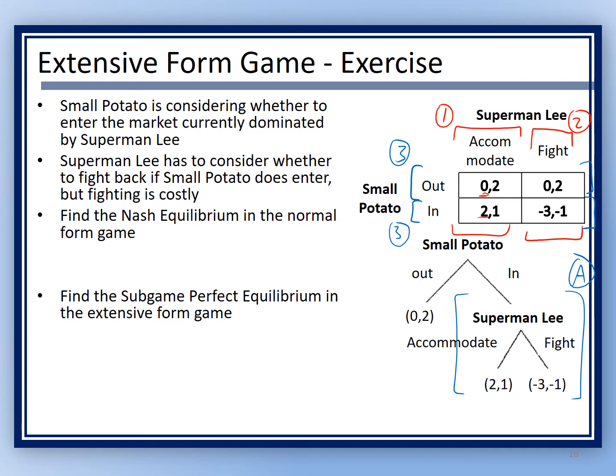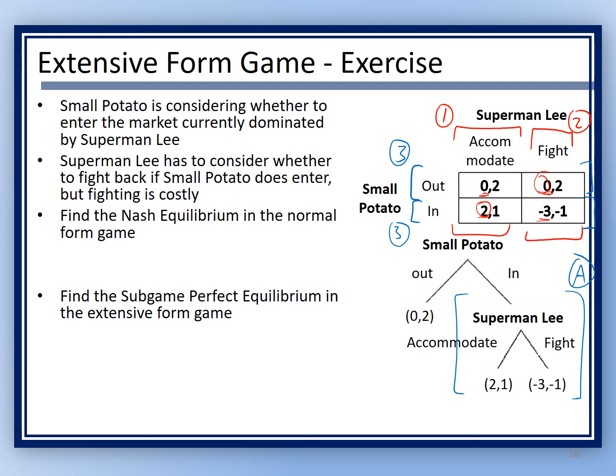So coming in is better if Superman Lee is accommodating. But if Superman Lee fights, staying out earns 0, coming in earns -3, so it's better to stay out, right? So whether Small Potato wants to enter depends on Superman Lee's choice.